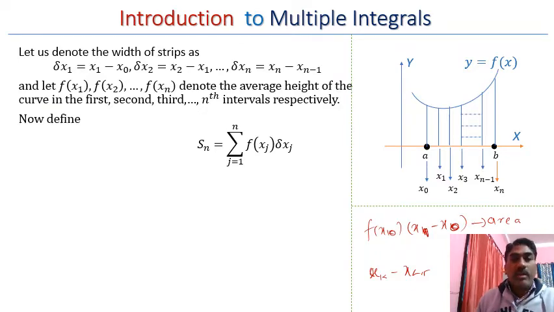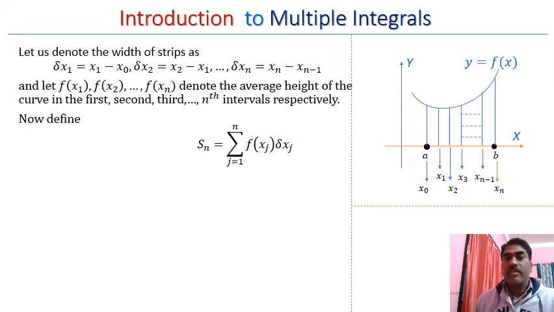Now let us define a sum: Sn = the summation over j from 1 to n of f(xj) delta xj. We have already discussed that each f(xk) times delta xk is the approximate area of the kth strip, so this sum adds the areas of all the individual strips.